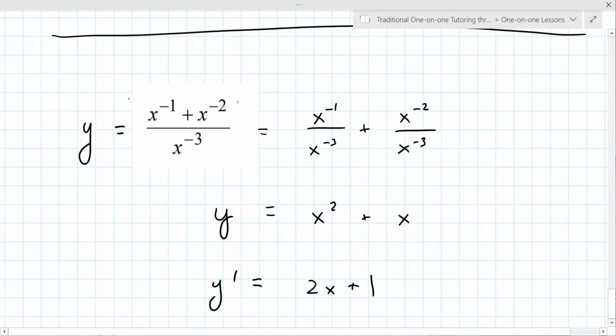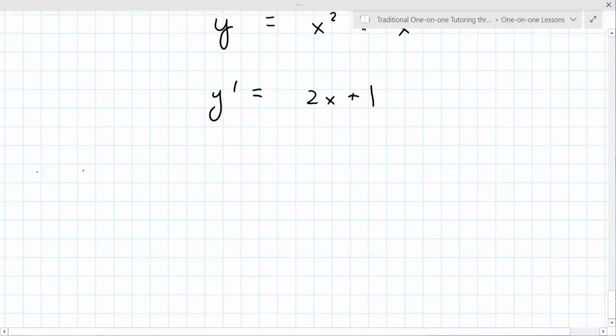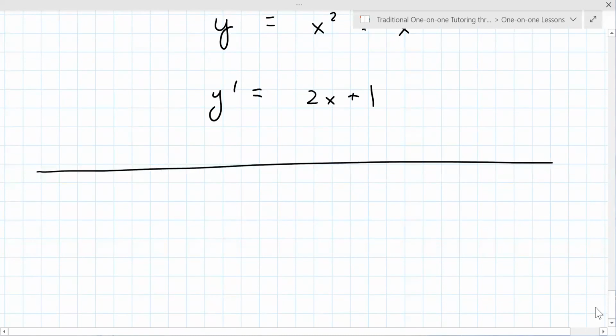Whereas if you try to use quotient rule, it gets very messy very quickly. So maybe just pause before each question and see if there is a simplification that you're not seeing here. All right, so back to actual quotient rule problems.